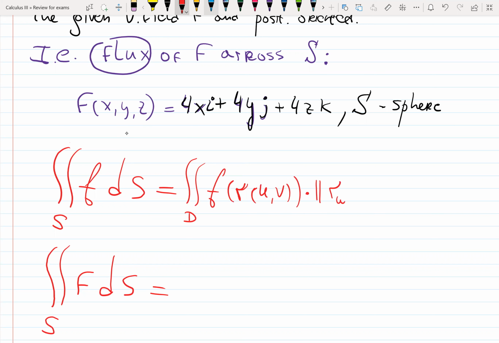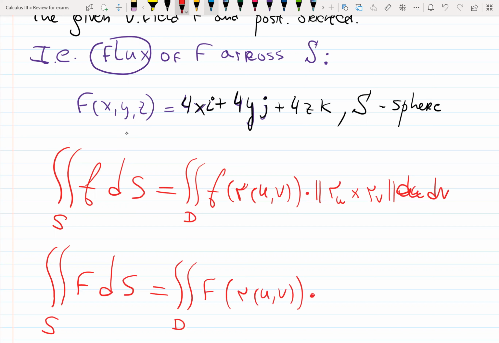Derivative with respect to u of r and with respect to v. That's basically a normal vector, if you remember that. du dv. What is going on here? Where the other one is double integral over D, capital F, plug in your r as always. So we perform parameterization using u and v, times not the size anymore, just the cross product, r_u cross r_v, du dv.